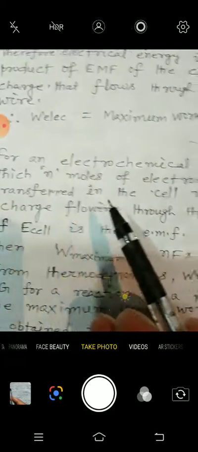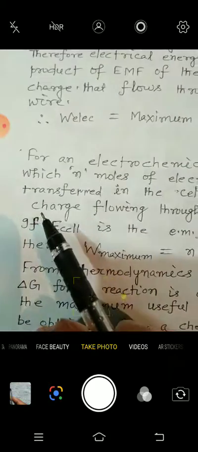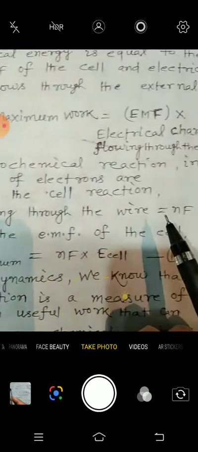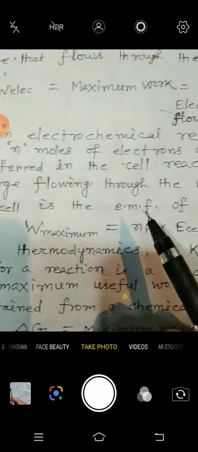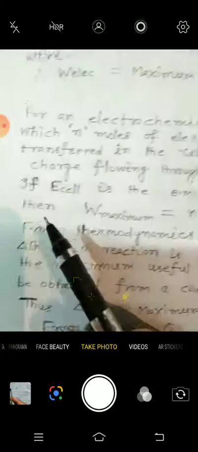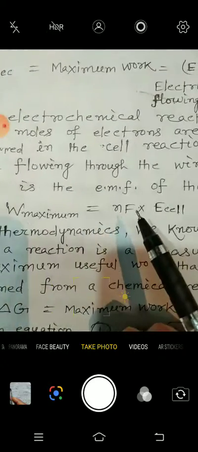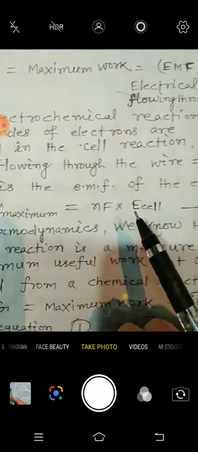When n moles of electrons are transferred in the cell reaction, then the charge flowing through the wire will be equal to nF. If E cell is the EMF of the cell, then W maximum will be nF into E cell.